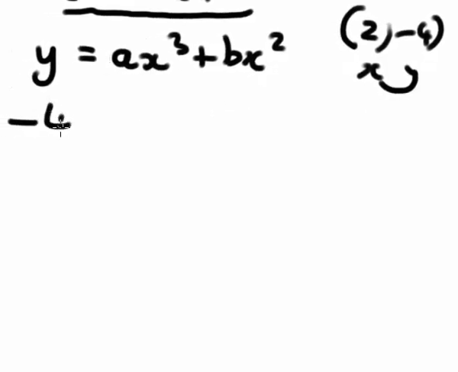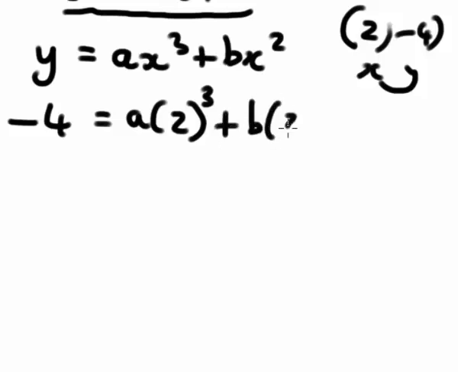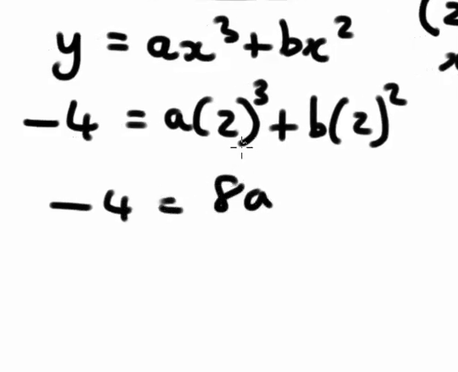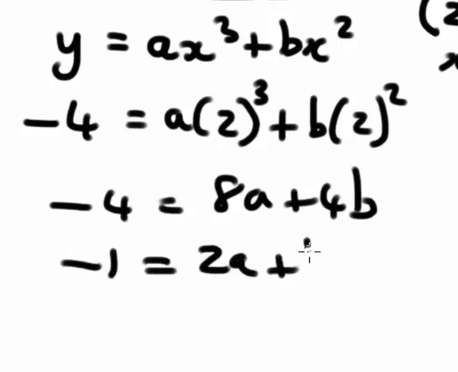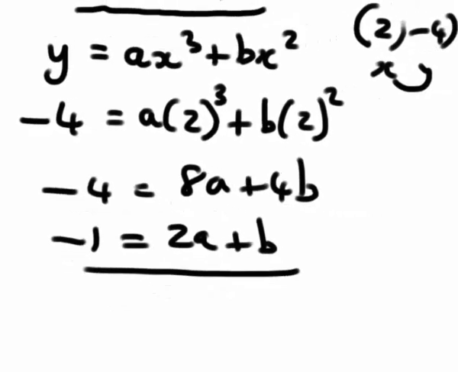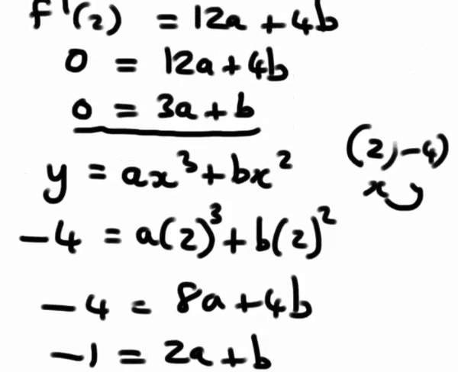So -4 is 8a if you cube, plus 4b. Once again, let's divide everyone by 4, and there's another equation, which you can now solve simultaneously. You can use any method that you want.